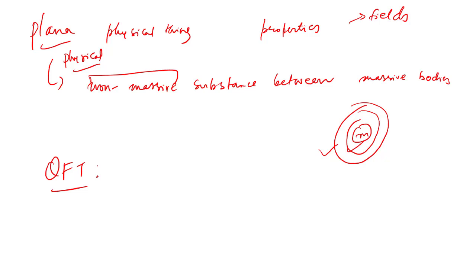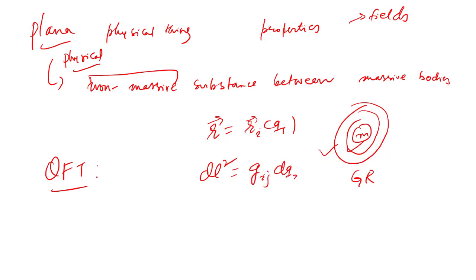And if you recall what we had studied in curvilinear coordinates, in general, if I have a vector r, which I can write as riqi, then we have seen that the line element dl square is gij dqi dqj. We have seen that in the last lecture where we discussed curvilinear coordinates.